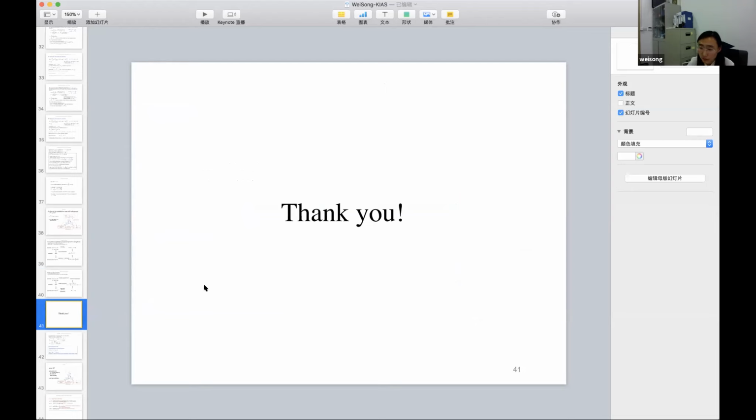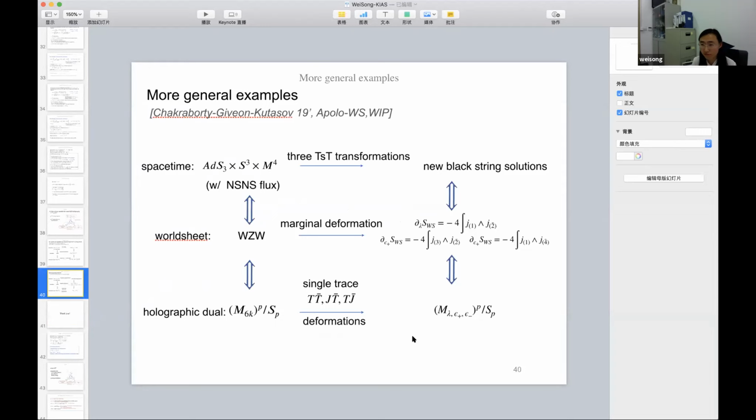I actually have one question. Regarding this last slide about the generalization to JT-bar and TJ-bar, the black strings are again like linear dilaton backgrounds, asymptotically? Yeah, it has linear dilaton, but it's not flat space. It's not asymptotically flat.